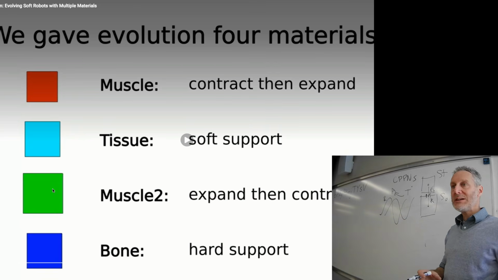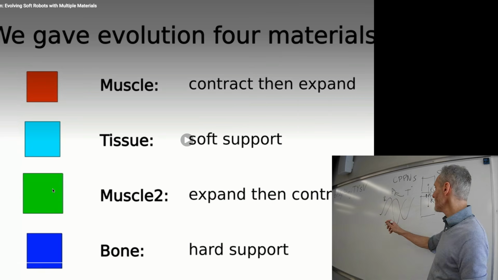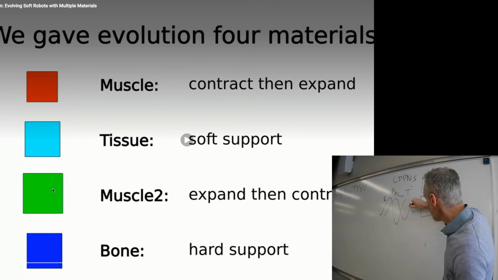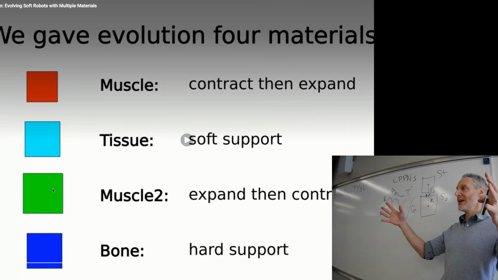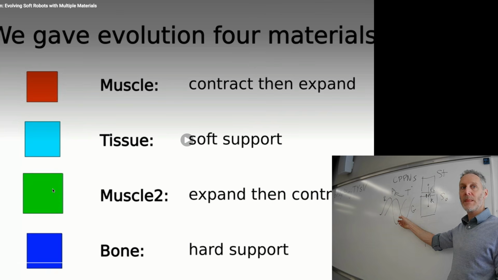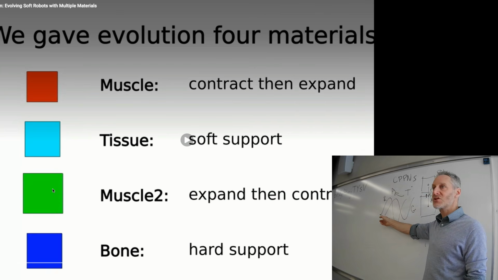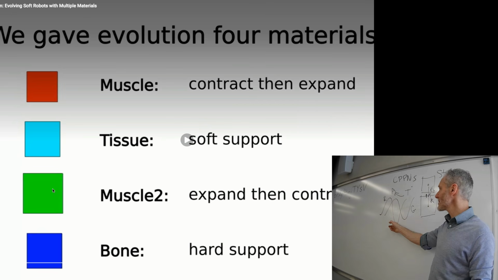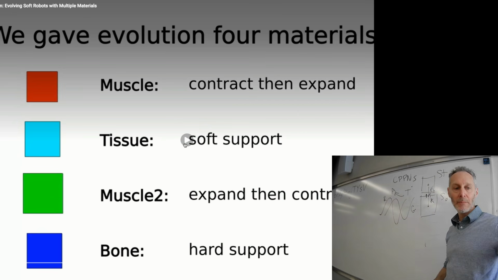All of the green voxels are going to have motors inside them as well, and they're going to receive a different phase offset central pattern generator value. So all the green voxels are going to get bigger together and smaller together. But whenever red voxels get big, the green ones are getting smaller. And whenever the red ones are getting smaller, the green ones are going to be getting bigger.